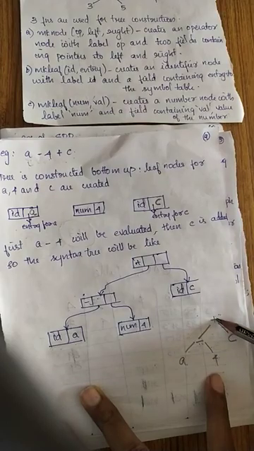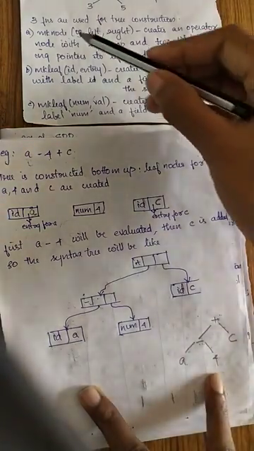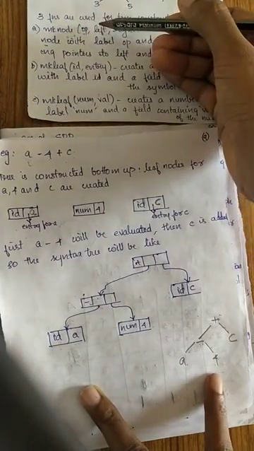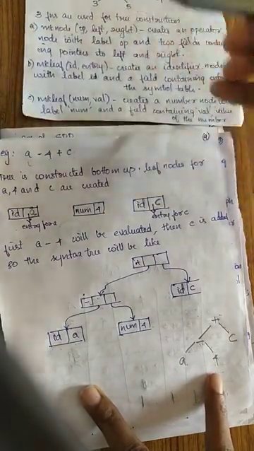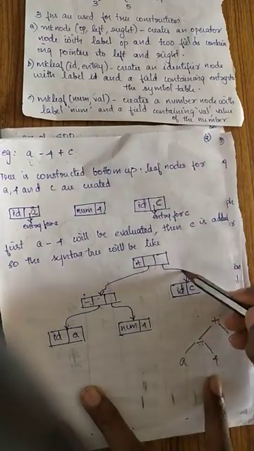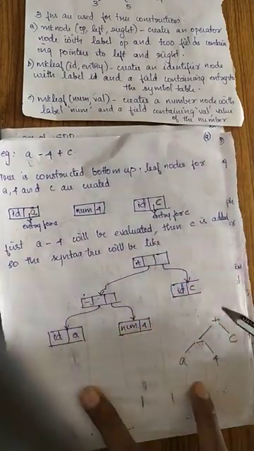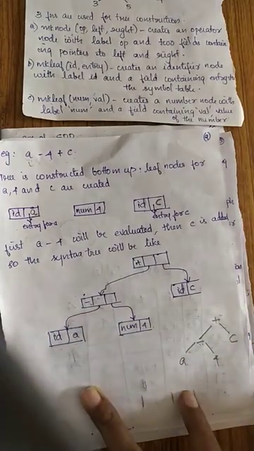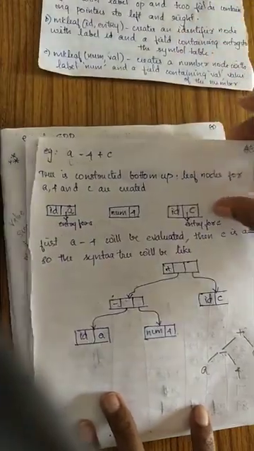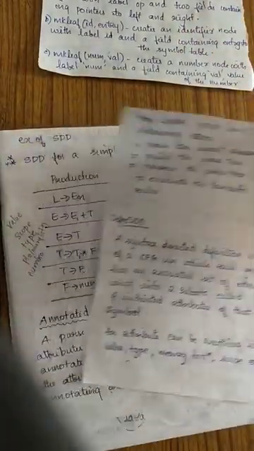Similarly for plus, that forms an intermediate representation. So you have to use make node with operator as plus and pointers to the left child and the right child. So this is the node representation for the given simple syntax tree. So let's look into the SDD for creating a syntax tree.